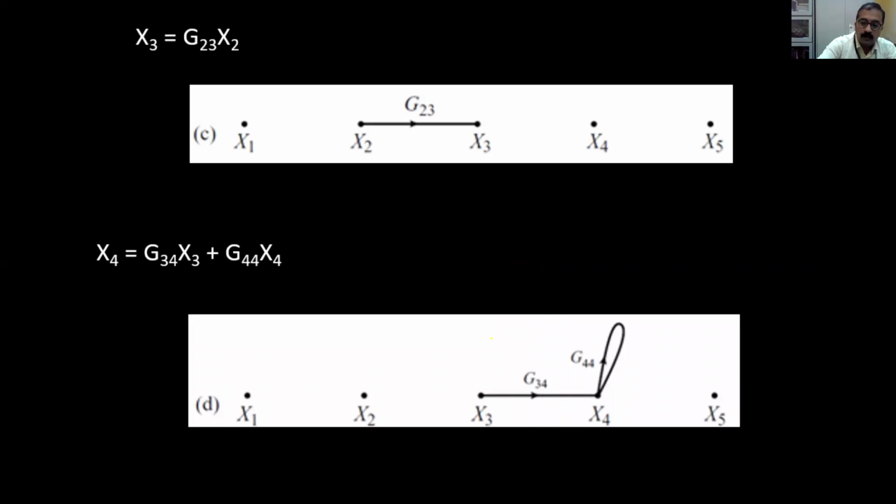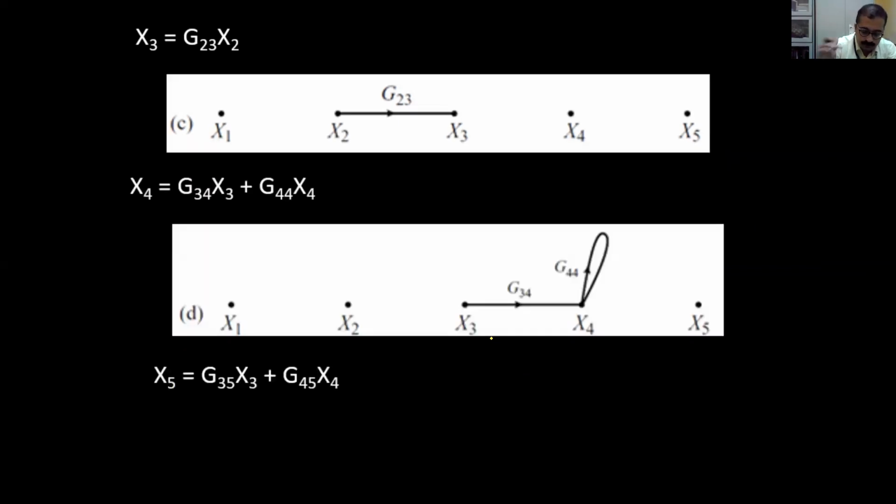Now what next? X5 equals G35 X3 plus G45 X4. Again we have X1, X2, X3, X4, X5. What is X5?